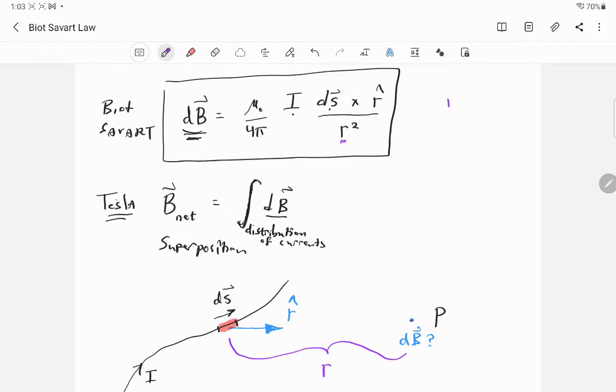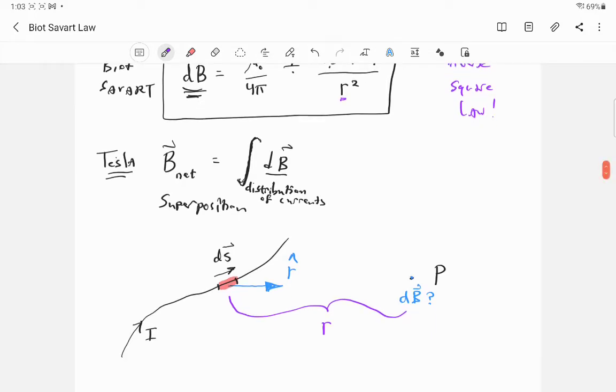So it looks like an inverse square law, right? The strength of the field from small segments ds of current I falls off as 1 over r squared from that segment, just like electric field from a charge, right?